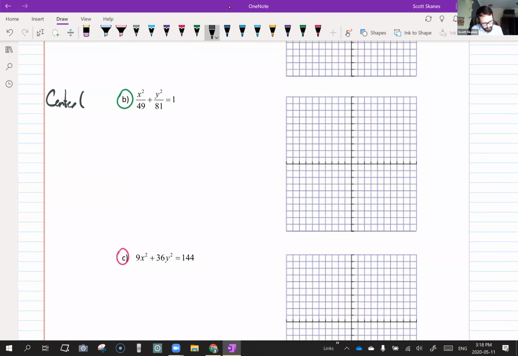The center is 0, 0. Sometimes it's not 0, 0. That's why I keep considering this. Before we go any further and actually make the graph, what will the ellipse look like? Will it be a stretched out ellipse in the x direction, or will it be a stretched out ellipse in the vertical direction? In vertical direction. Why?